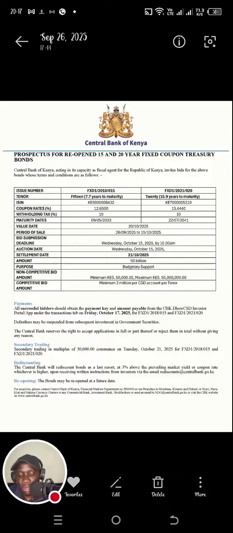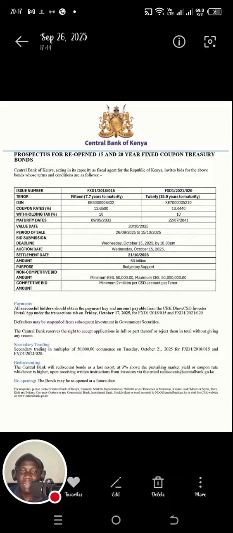You have to visit your commercial bank with the payment key and request them to make a transfer for you, an RTGS, to the Central Bank of Kenya, and ensure that you give them that particular payment key, because it is that payment key that matches the payment you are making and the bid that you made. So without the payment key, your payment will not be successful.